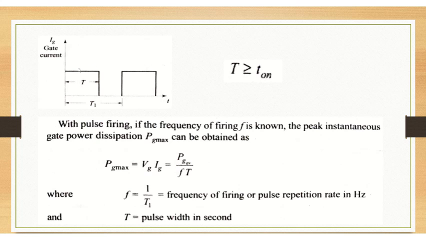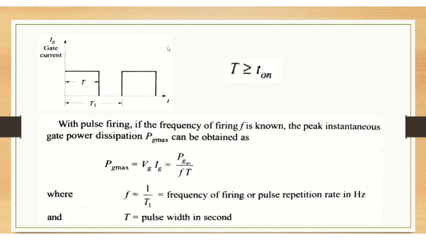So imagine if my gate signals are, say, square pulses. If the width of the pulses is wider, that means there is more gate current. It is nothing but pulse width modulation that we are talking about.